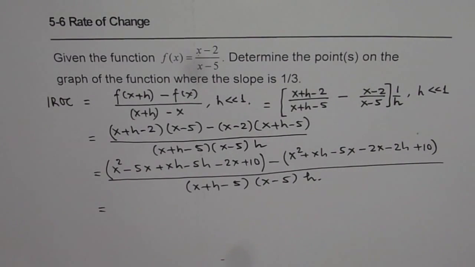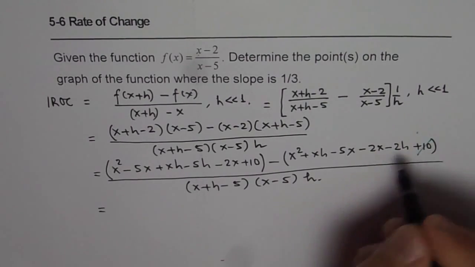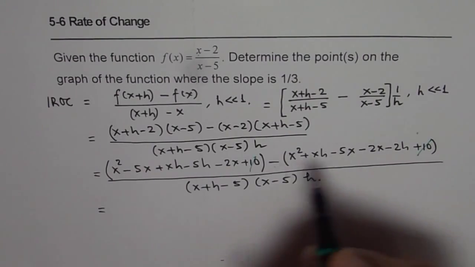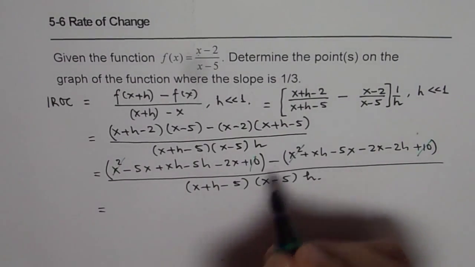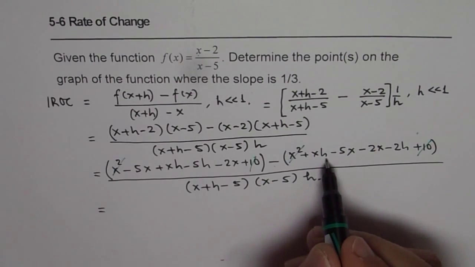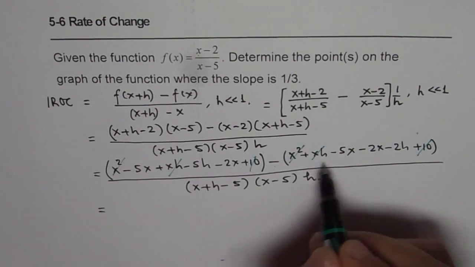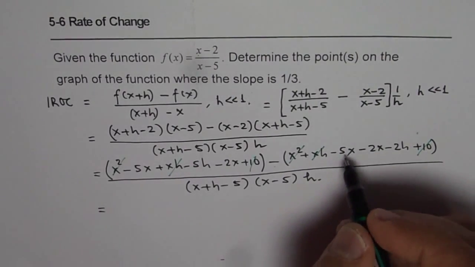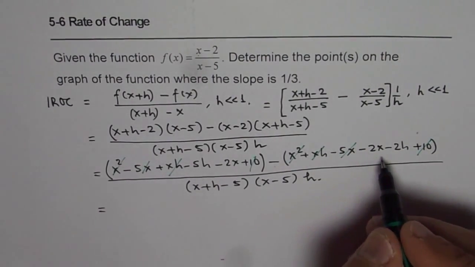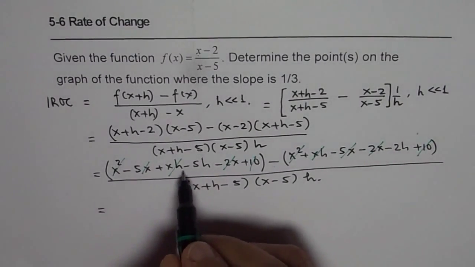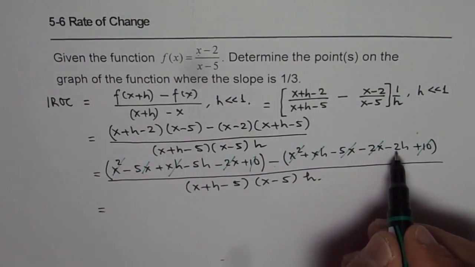Now let's simplify. There are many terms which will get cancelled off, so I'll just do it here. So we get 10, take away 10, right? Let's start with x squared. So x squared take away x squared, xh and xh, correct, -5x and -5x, and then we have -2x and -2x, and here we have -5h and -2h.